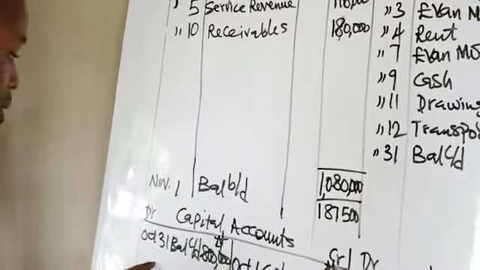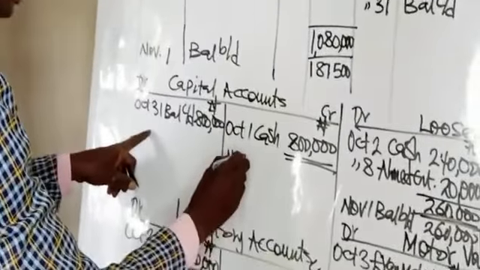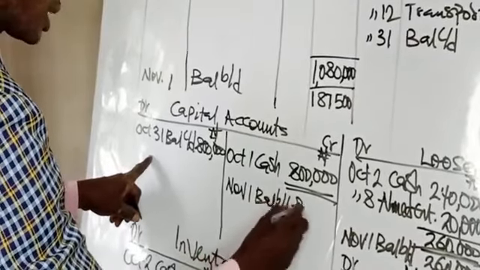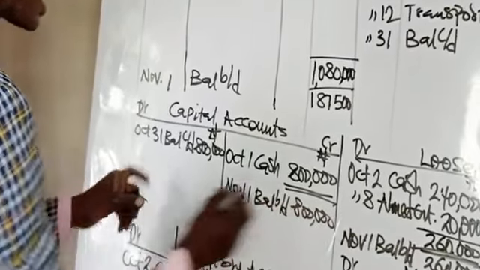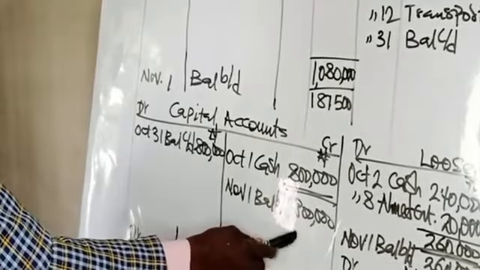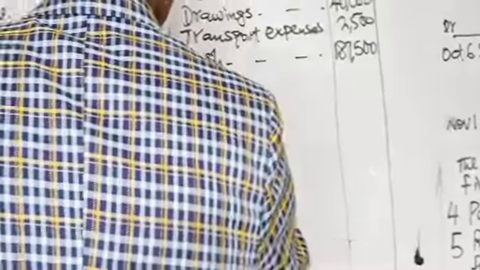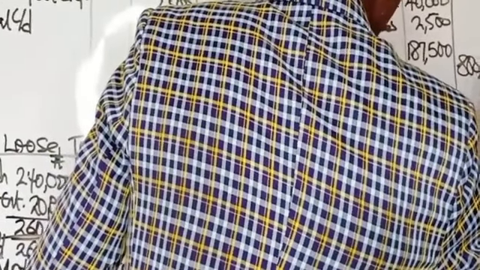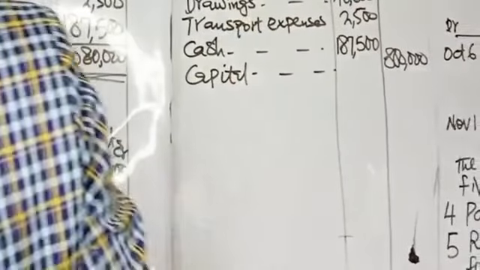This is carried down, so it is going to be brought down to the next period. Balance brought down 800,000. Capital is having a credit balance of 800,000 naira. Capital, 800,000.